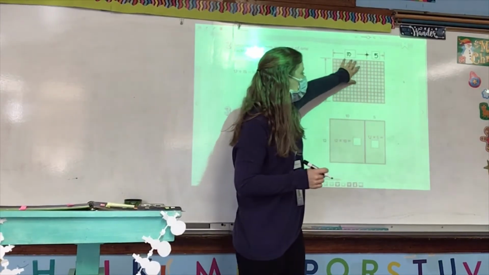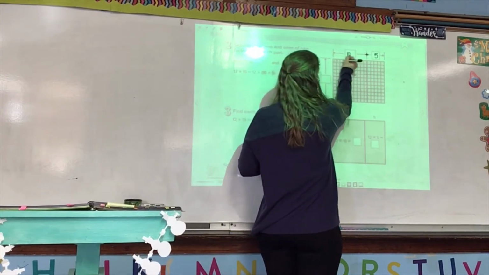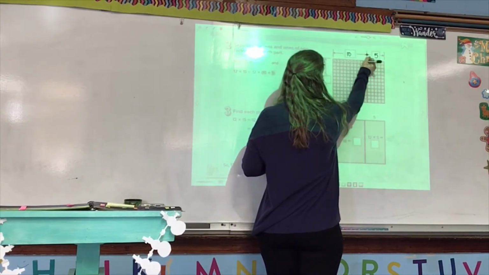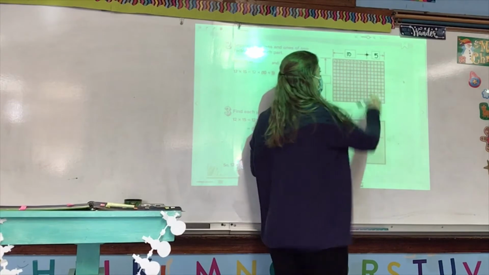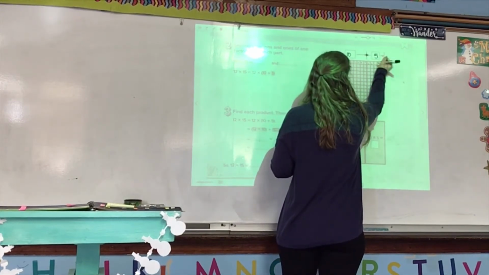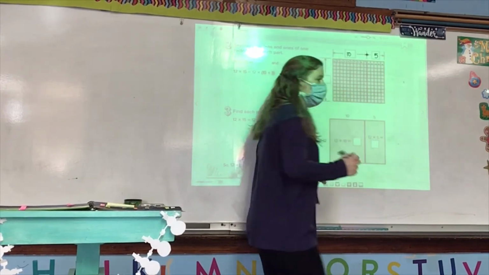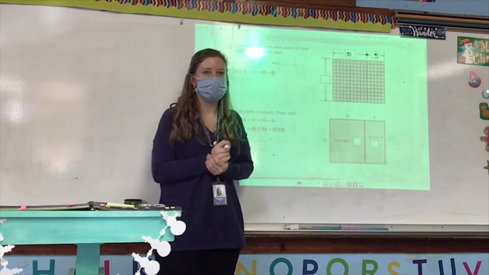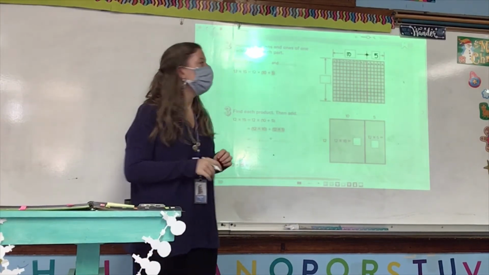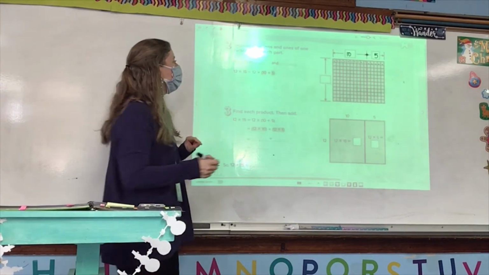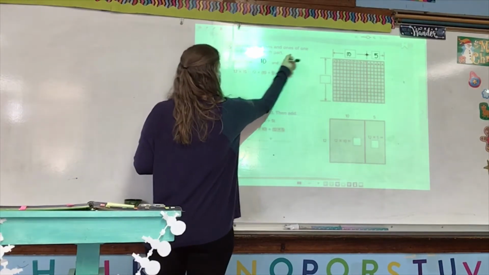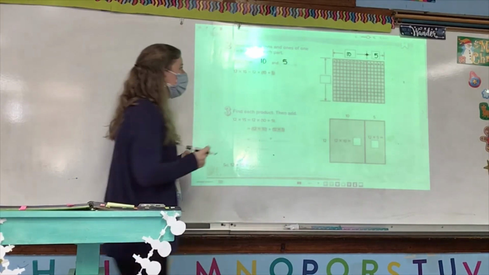So we have 10 columns. 1, 2, 3, 4, 5, 6, 7, 8, 9, 10. And then 5 columns. 1, 2, 3, 4, 5. All together, they make how many columns, class? 15. So we rewrote 15 as 10 and 5.